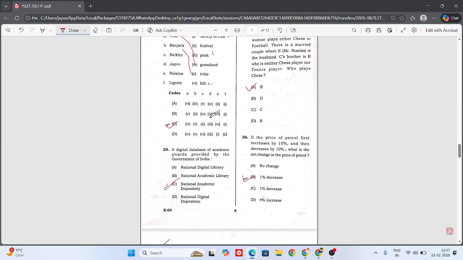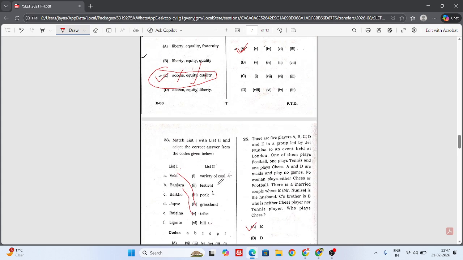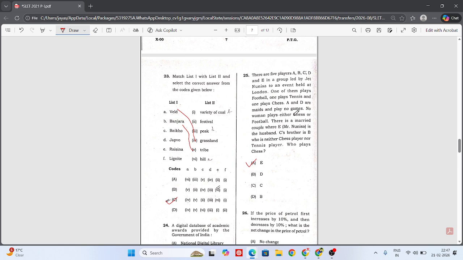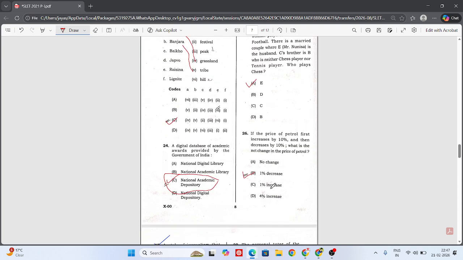Now the next question: a digital database of academic work provided by the government of India is the National Academic Depository. So this is also important. Next, again they have some calculative problem, or some puzzle type of thing. I am not discussing it now, otherwise the video will be very long.